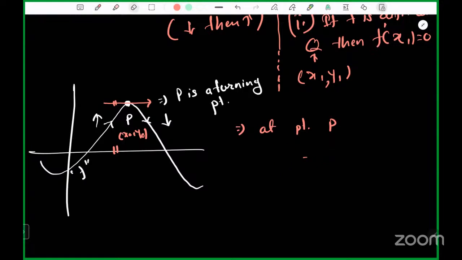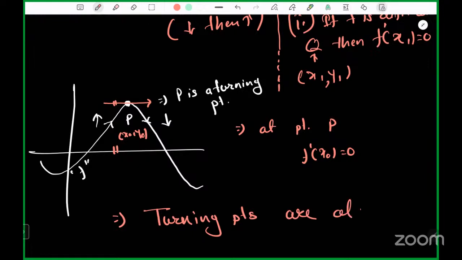So a turning point is a critical point, considering the second condition. So turning points are also critical points. Always? Yes, always.